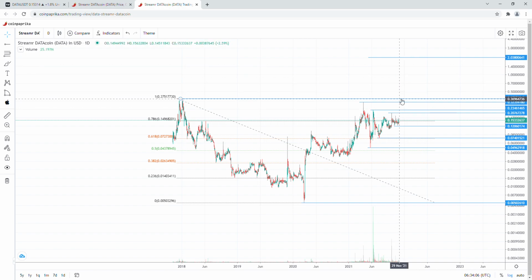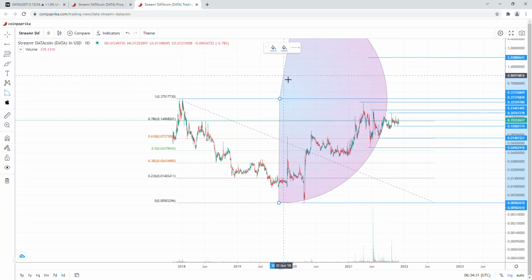Now, if it breaks out from here, it means we have technical validation for the big bullish continuation pattern that has just broken out, because this smaller one has given us information that it's going up. It breaks out, validation for the whole thing, and that's where things really do get interesting, because the targets of this pattern are immense.